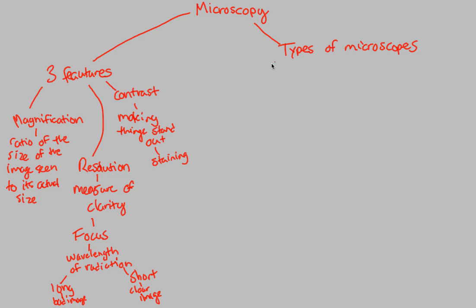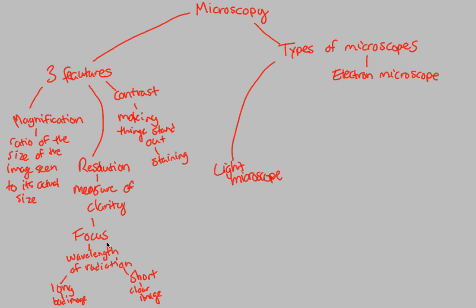One of them is a light microscope, and the other is known as an electron microscope. We've heard of the term electron before, and we'll see why it's called that in just a second.